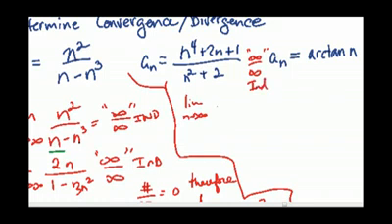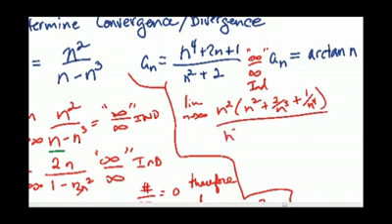So in this case, we factor out the common n squared, and we're left with n squared plus 2 over n plus 1 over... well, actually, I lied. 2 over n cubed plus 1 over n to the 4th, over n squared, 1 plus 2 over n squared.